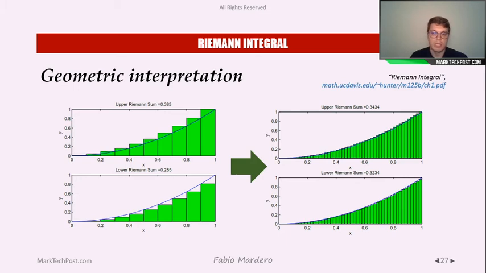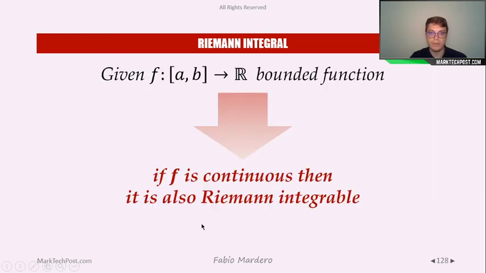And we say that using the Riemann integral, we can compute the signed area under the function only when the upper integral is equal to the lower integral. And we could have seen that if f is continuous, then it is also Riemann integrable.